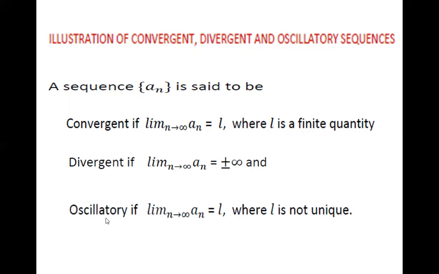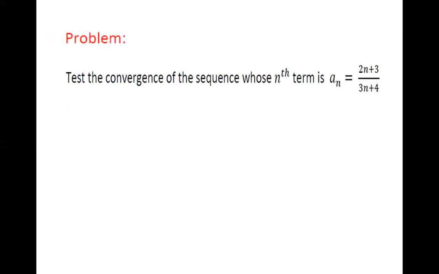And it is said to be oscillatory if the limit of a_n as n tends to infinity is equal to L, where L is not unique. That is, the sequence a_n is said to be convergent, divergent, or oscillatory based upon the limit value of the sequence.